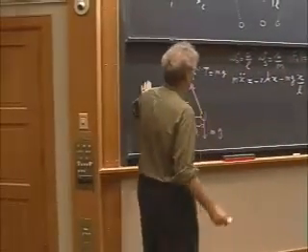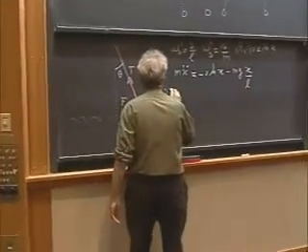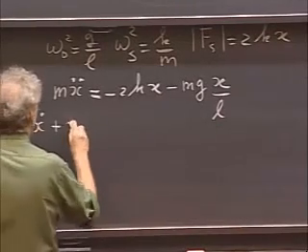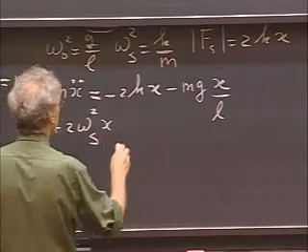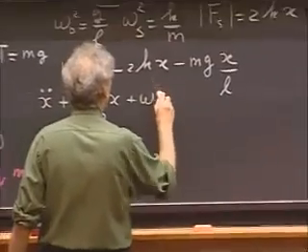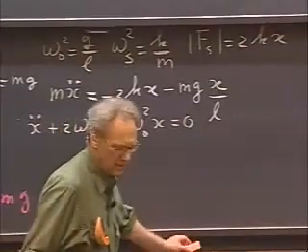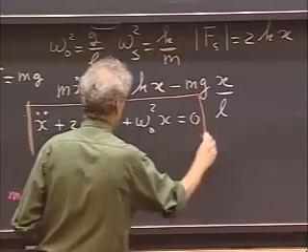I'm going to divide m out, and I'm going to bring everything to one side. So I'm going to get x double dot plus 2 omega s squared times x plus omega 0 squared times x equals 0. And our task now is to solve this differential equation.